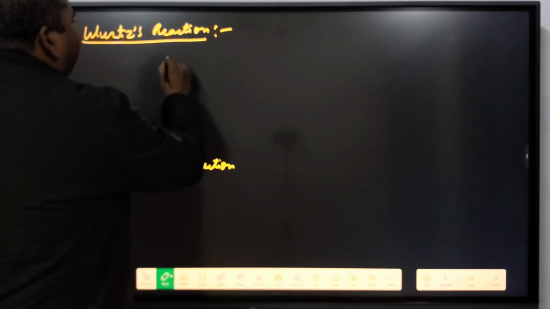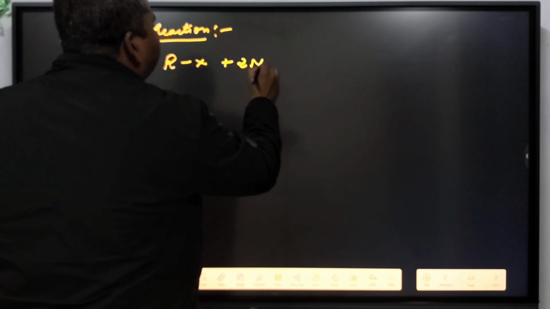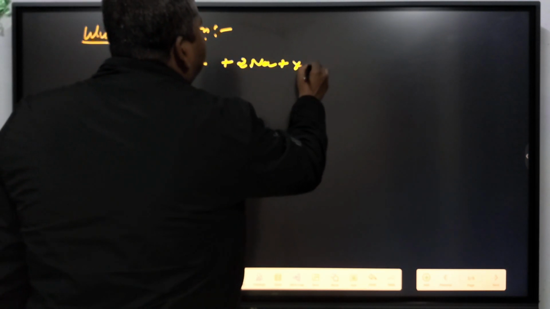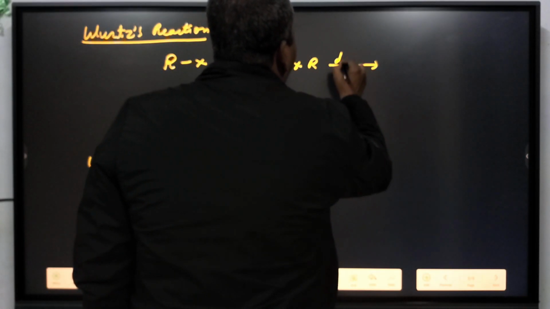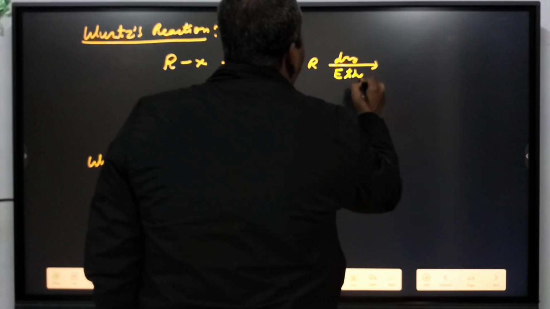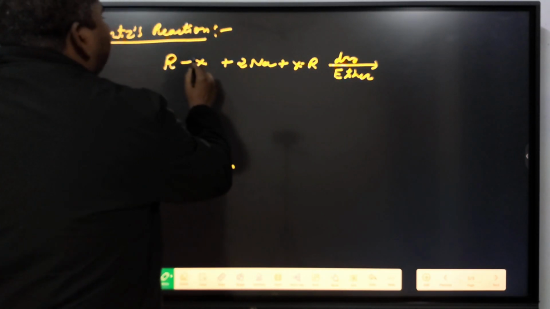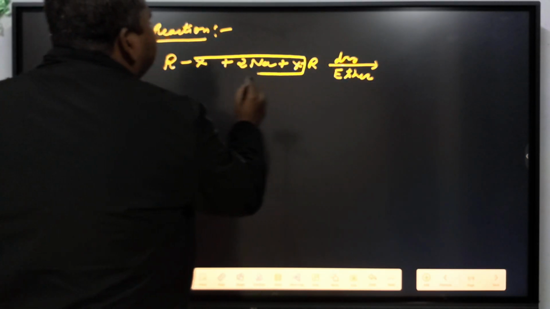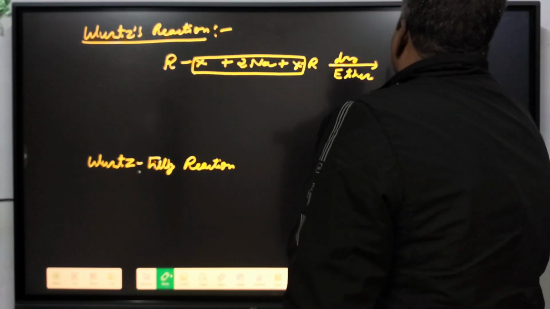Here both the alkyl halides are same, and the higher alkane is obtained.